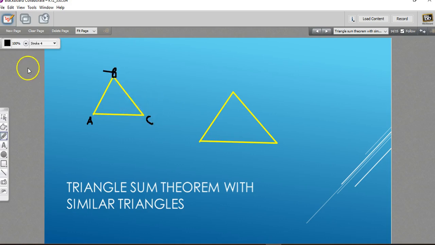ABC corresponds with D, E, F. All right. So we know that triangle ABC, oh my heavens, don't you love that? Triangle ABC is similar to triangle DEF.